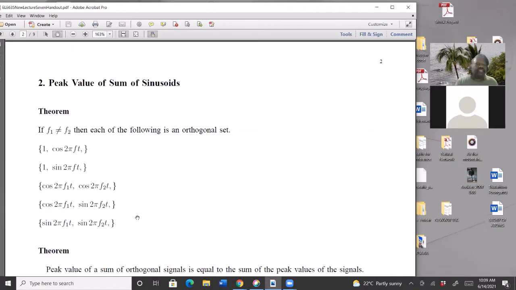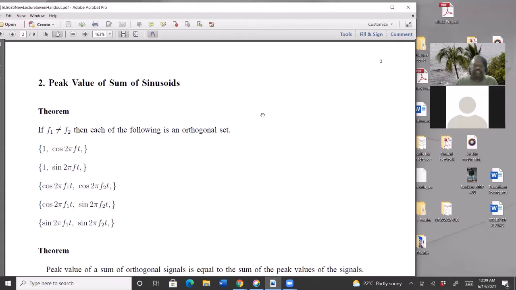Another thing is what happens when we mix two. Earlier in one of the lectures I told you how to calculate the power when you have two sinusoids. But now we have a situation where we have to calculate the peak value of a sum of sinusoids, not multiplying, adding.